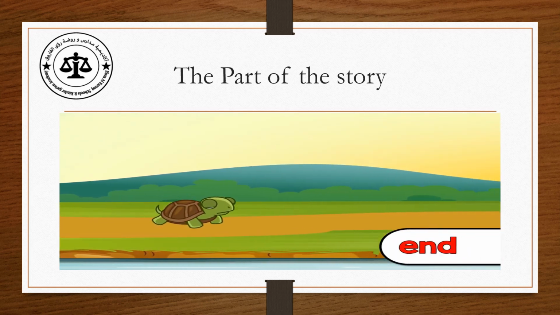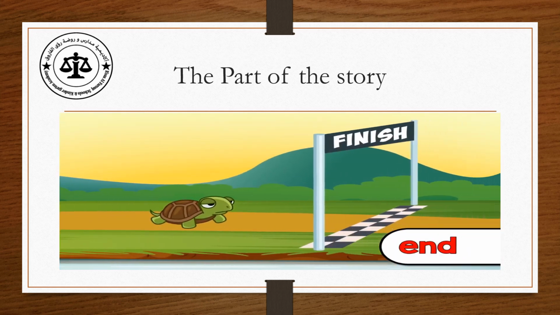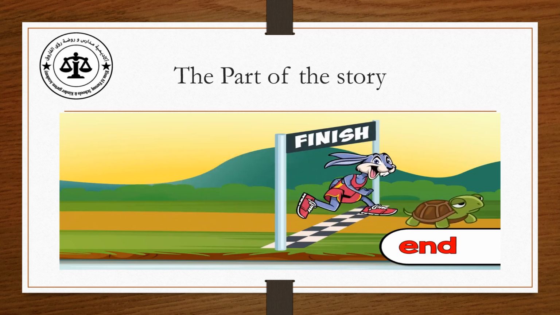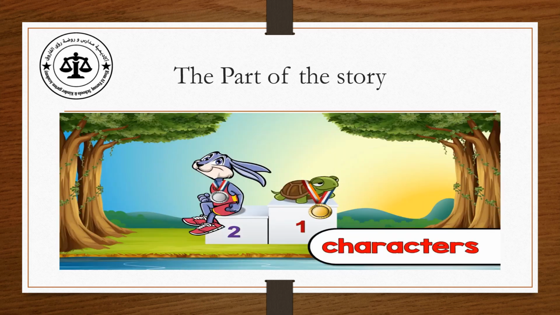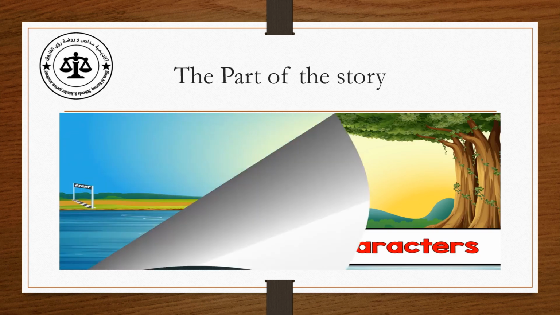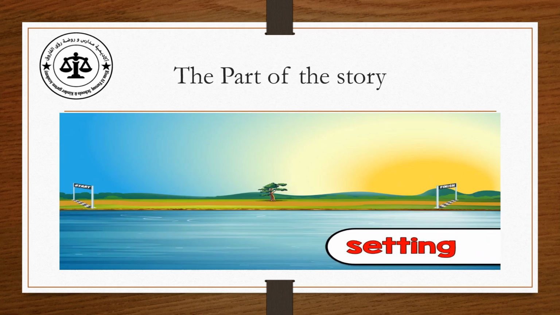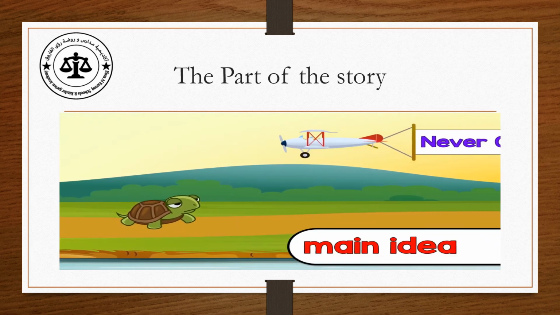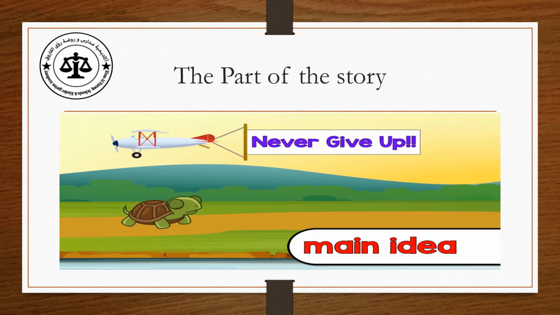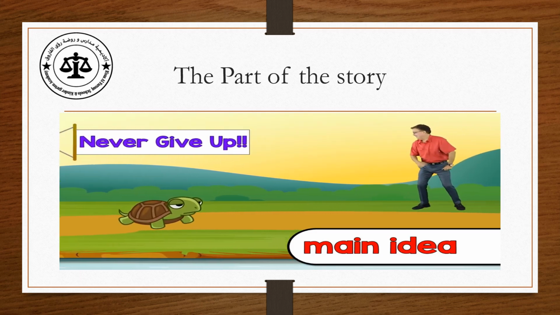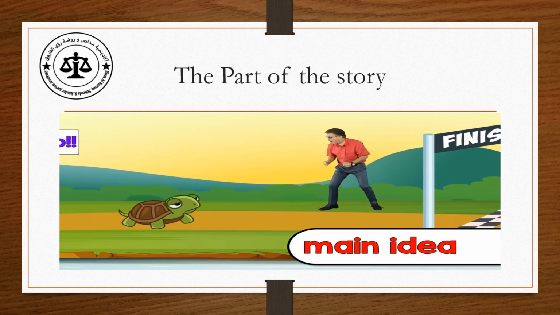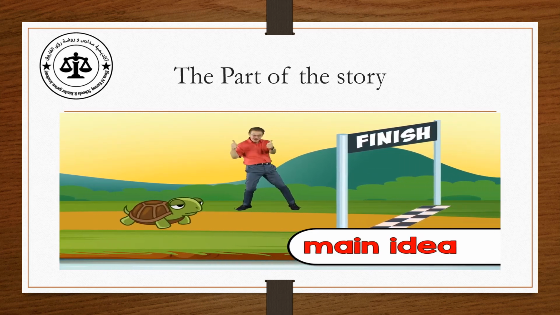The end is the finish of the story. The end is the finish of the story. The characters are who is in the story. The characters are who is in the story. The setting is when and where it takes place. The setting is when and where it takes place. The main idea is what the story's mostly about. The main idea is what the story's mostly about. Go, tortoise, go! Never give up! You're a winner!